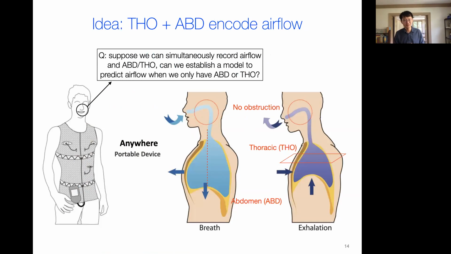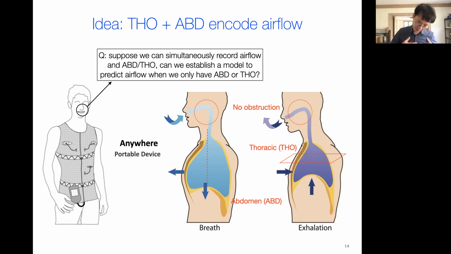So the basic idea is based on basic physiology. In particular, we know that when we are breathing, our chest movement and our abdominal movement, that movement information is directly related to the airflow signal we record from the nasal cannula. For example, when your abdomen changes, your diaphragm movement will be recorded, which gives you the z-axis information of your chest or your lung capacity.